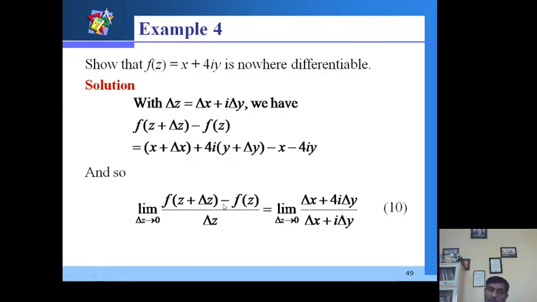Applying it here, the numerator becomes delta x plus 4i times delta y, over delta x plus i times delta y. If delta z tends to 0, then delta x plus i times delta y is 0, which means the denominator is 0.